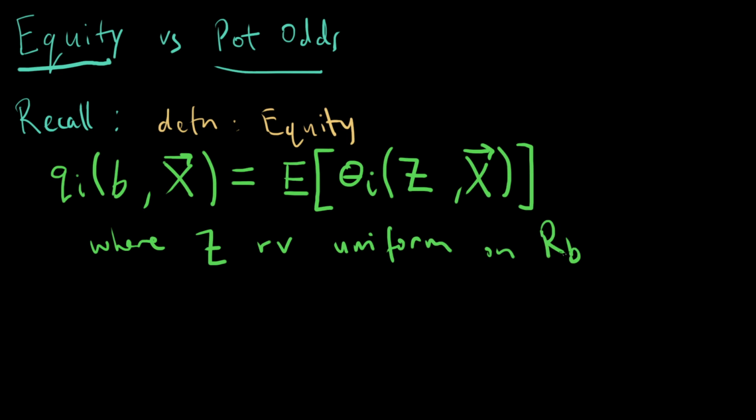This R_B here is the set of all possible runouts coming from B. Okay, so that's the equity.